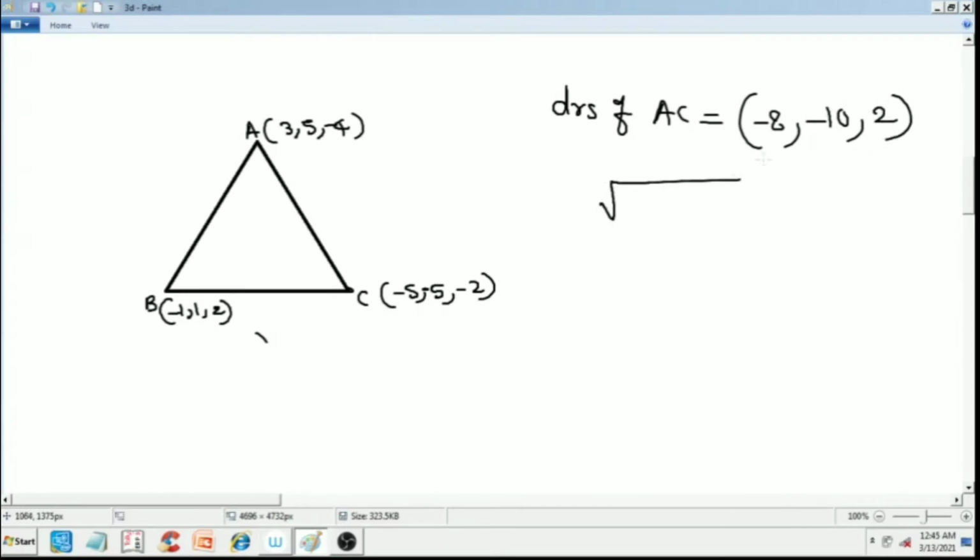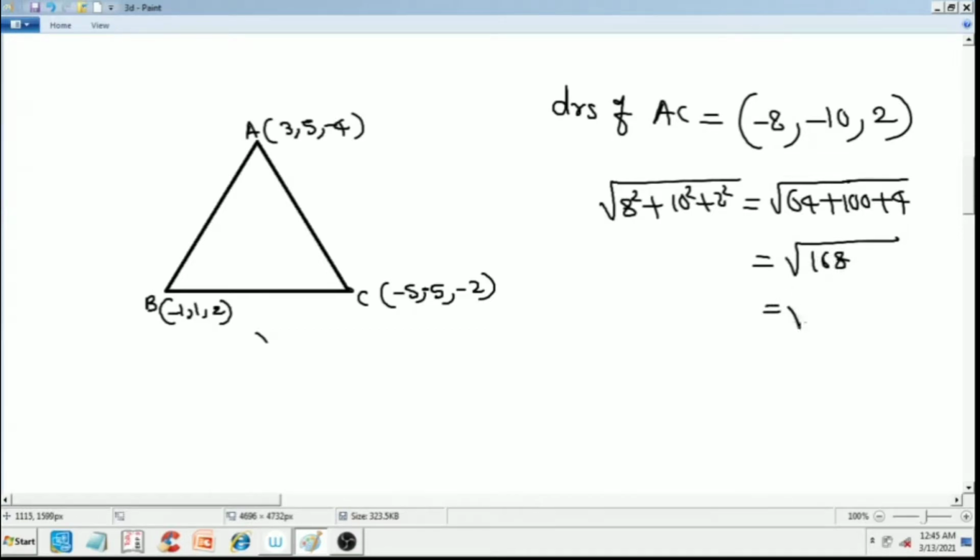So here the magnitude: 8 square plus 10 square plus 2 square can be written as 8 8s are 64, 10 tens 100, plus 2 2s 4. So from here we can write 168. 168 can be written as 4 into 42, right? 4 2s are 8, 4 4s 16. So 42. Root over 4 can be written as 2. Root over 42. 2 times root 42 is the magnitude.